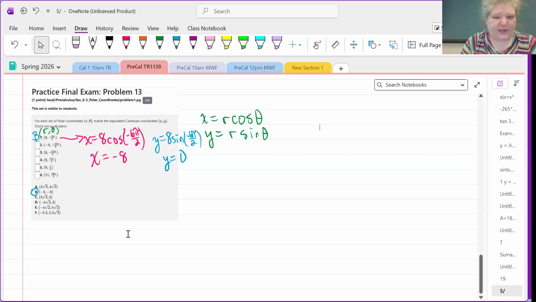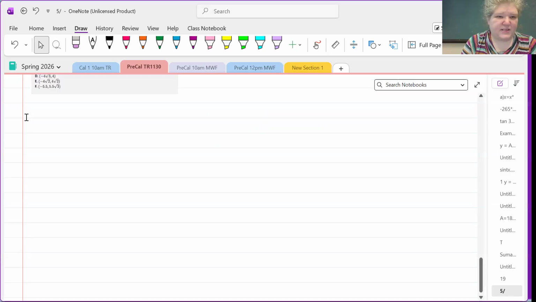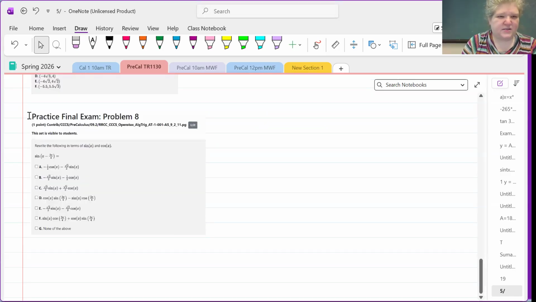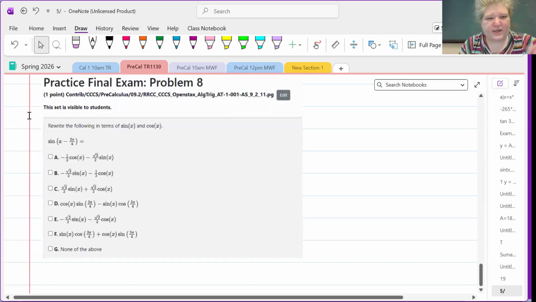All right, what's another one we can look at? So 8 looks really gross looking. And it's doing the whole, which of these are equivalent?